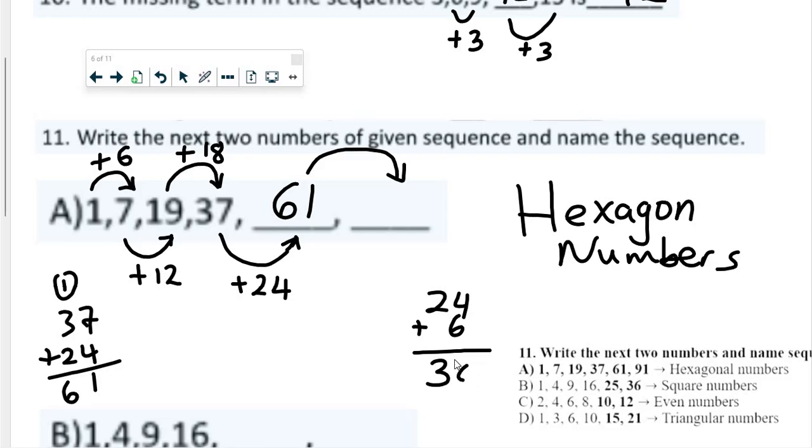That is 30. Now from 61 to the next, that means you add 30 here.